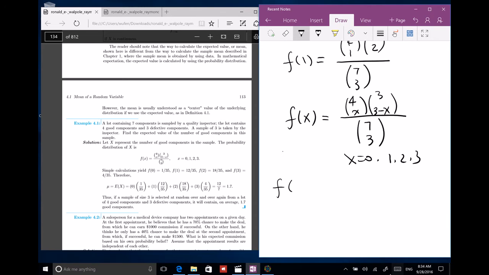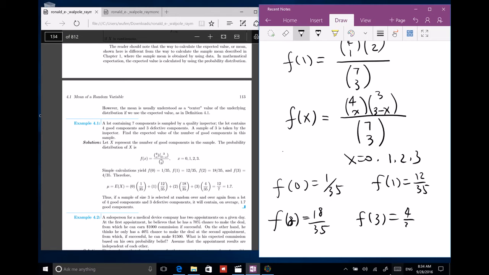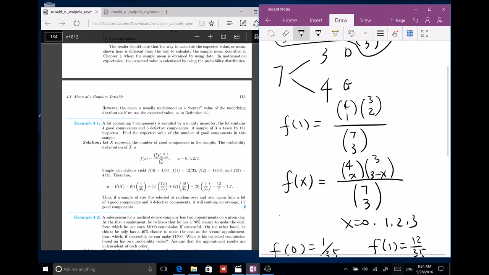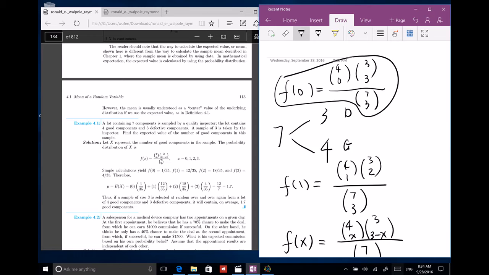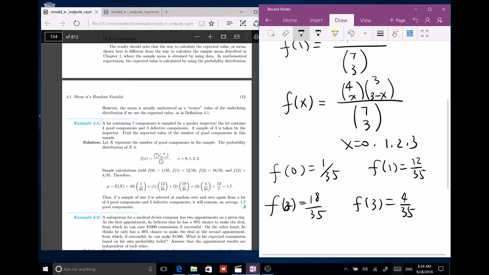The probabilities are f(0) equals 1 over 35, f(1) equals 12 over 35, f(2) equals 18 over 35, and f(3) equals 4 over 35. I gave you an example of f(0) and f(1), and you just find f(2) and f(3) with the same probability function.